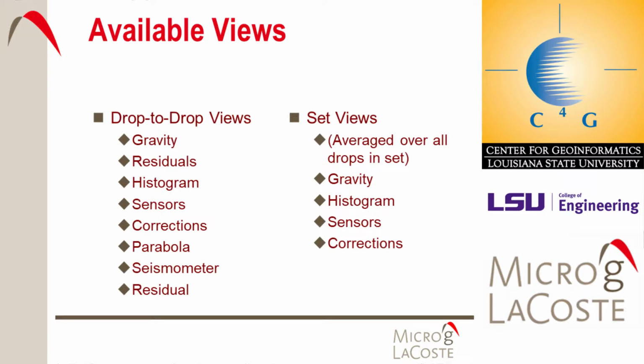At that point, if a drop is rejected, it's not used in the calculation of the average gravity value for that set. That's something you can also do in post-processing. Even a rejected drop, all the data for that drop is saved in the file. So you can bring it back. Yep. If you have the signal. Yep.